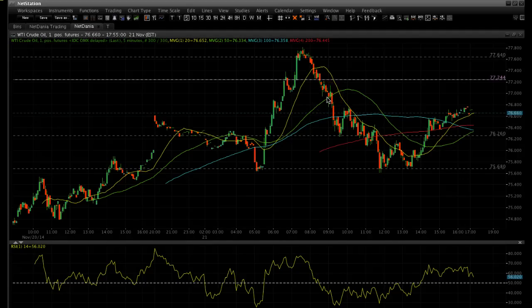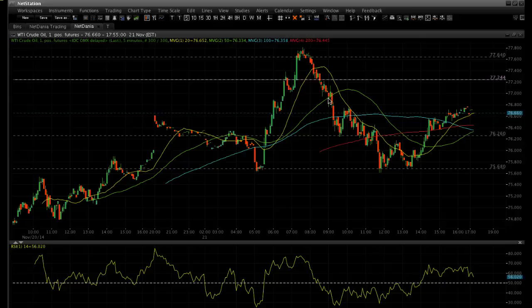Now theoretically we could have shorted it again, but at this level, see where RSI is, it's below the 50 level, and to me it's a little tricky to go short or to go long. So you could have gone in both ways. You could have gone long and you could have shorted as well and come out too.